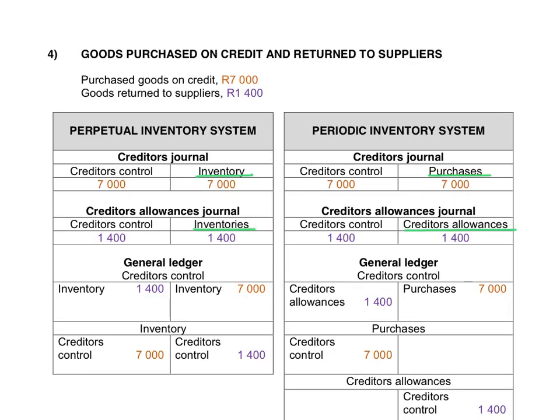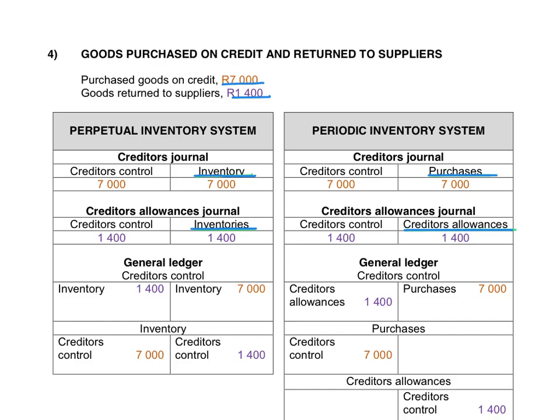Goods purchased on credit for 7,000 and returned to the suppliers 1,400. So in the creditors journal, you will have a column for inventory, and in the periodic system, you will have a column for purchases. In the creditors allowances journal, you will have a column for inventory in the perpetual system, and in the periodic system, you will have a column for creditors allowances.